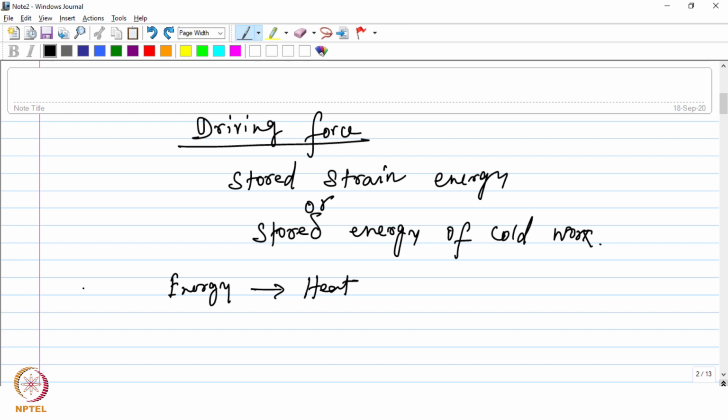So this strain energy that you have can also be released as heat energy. And we do have instruments which can capture this heat energy as it is released. Okay. So with the help of such instruments, it is actually possible to show that when you give a certain amount of cold work to a material, the energy is stored in terms of the strain energy.